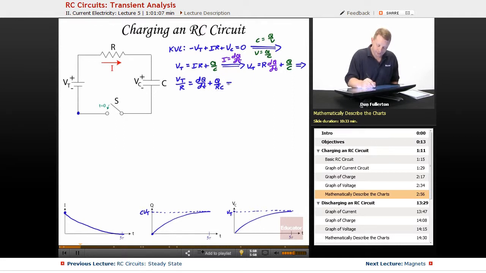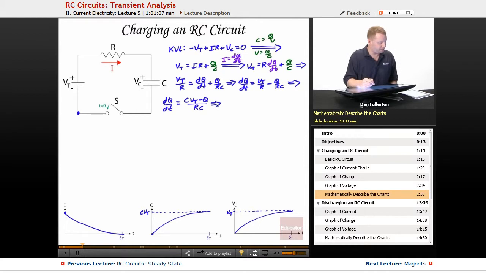Right, and rearranging this again, trying to get all our Q's together, I'm going to write this as dQ/dt is equal to V_T over R minus Q over RC, just a quick algebraic manipulation, which implies then that dQ/dt equals, well, I can multiply C down here to combine these on the right-hand side, giving us a common denominator of RC, so I would get (C V_T minus Q) over RC.